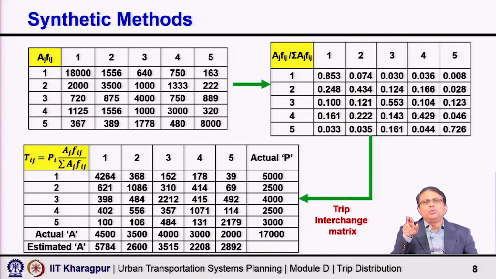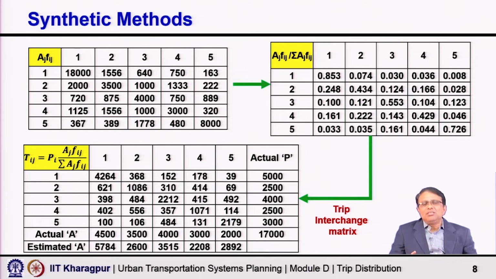Once you know these values, you can also calculate the sum over Aj Fij for each row; just add the total, and that will give you the total over all destination zones j. That means, in the first case, 18,000 plus 1556 plus 640 plus 750 plus 163, that is the total sum over Aj Fij.